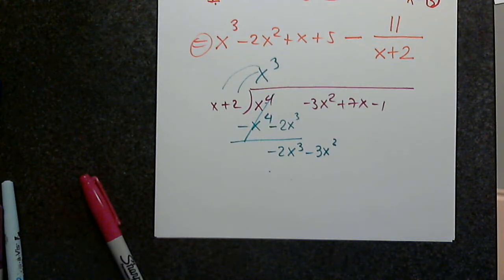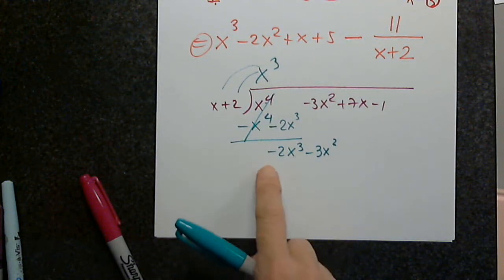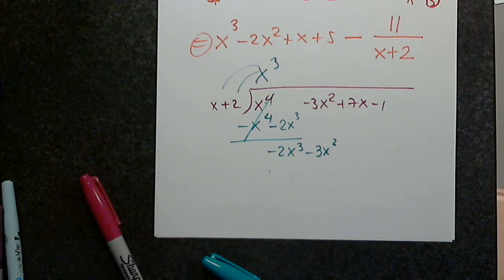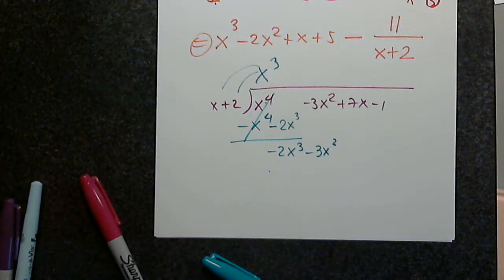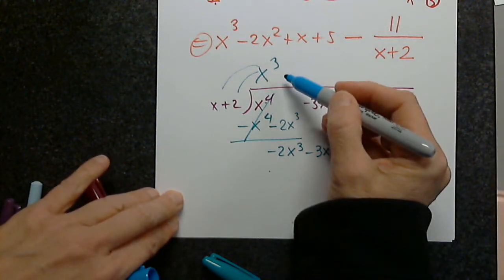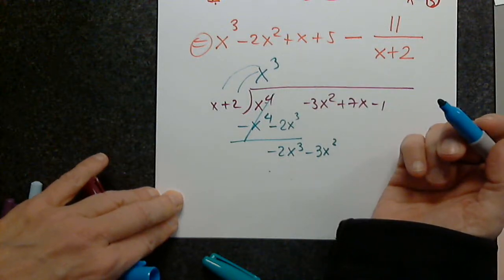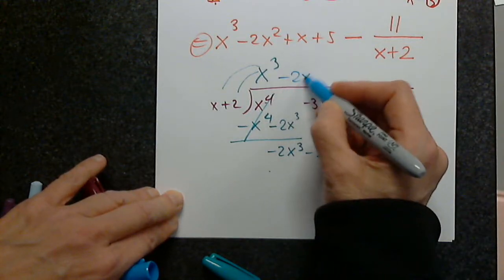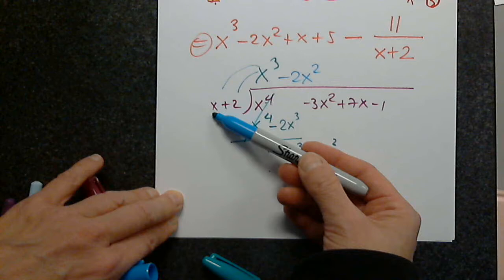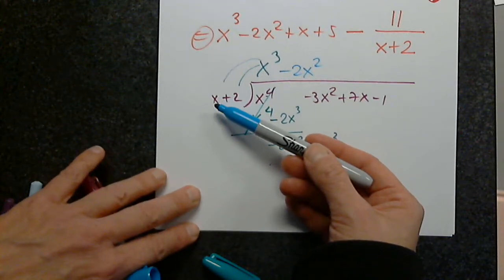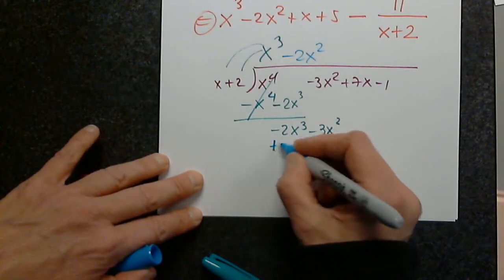Next question. x multiplied by what is negative 2x cubed? Now remember, at the top, we do not change signs. We are true to the top. Perfect. Negative 2x squared times x is negative 2x cubed, but I have to change the sign.